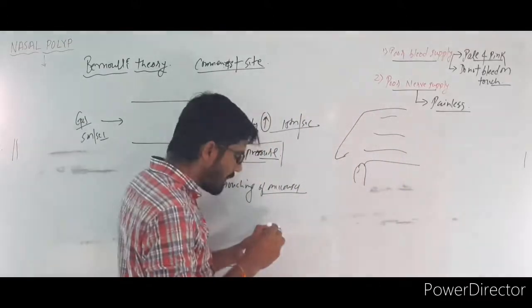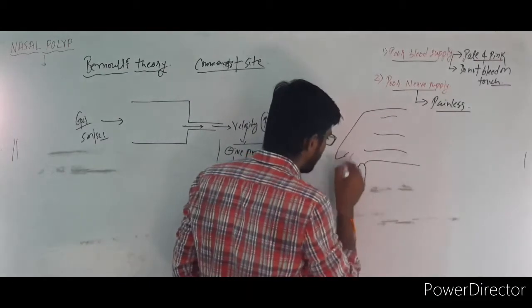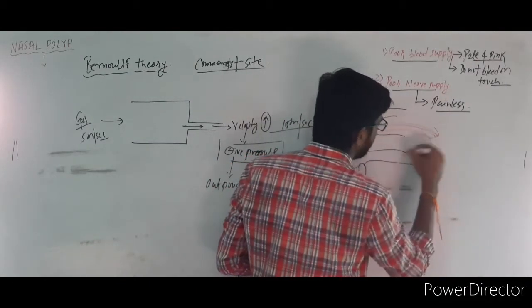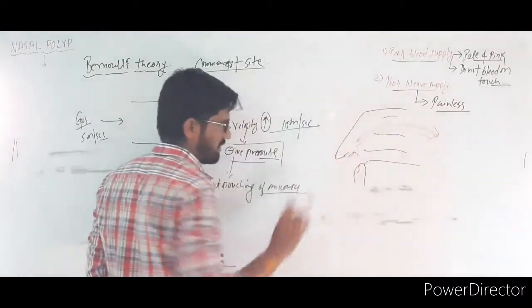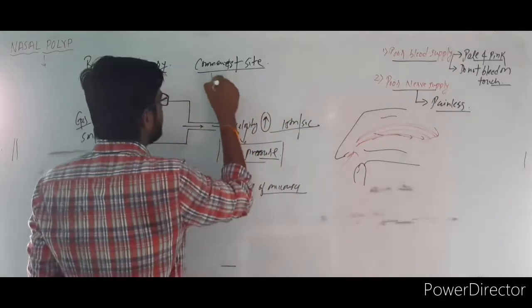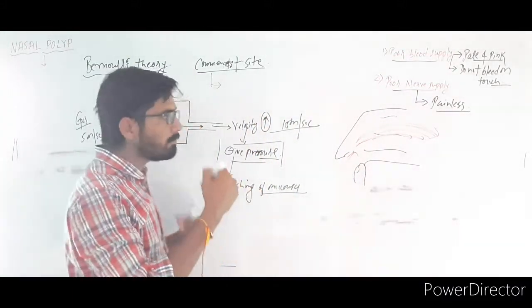What will happen? The maximum part of the gas goes through this middle turbinate. So the common site is the middle turbinate, or rather the middle meatus.